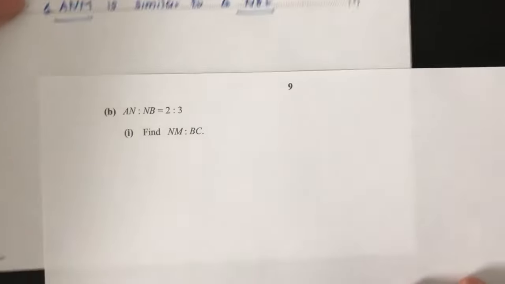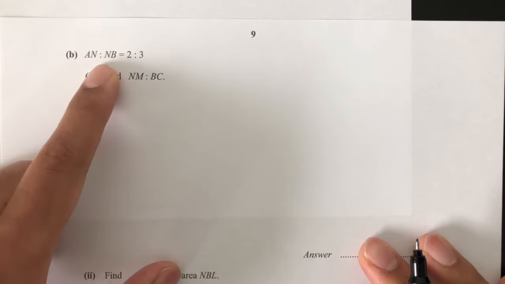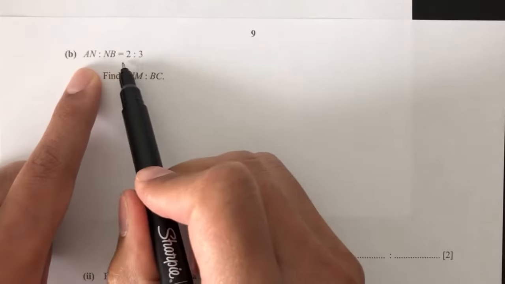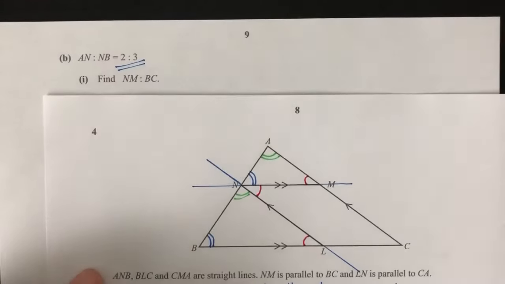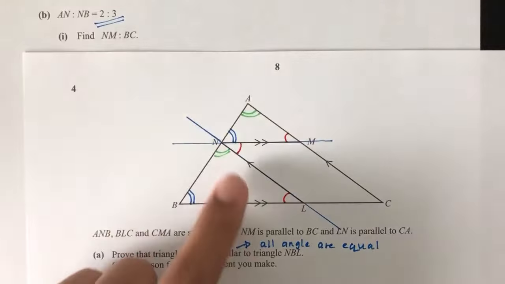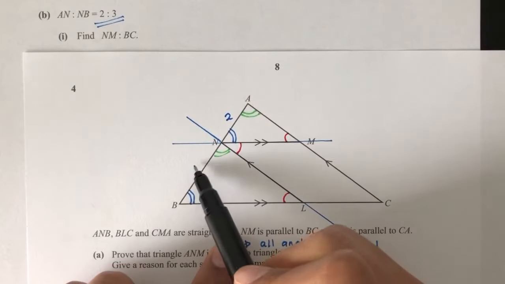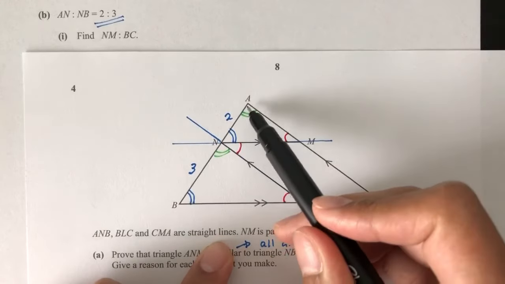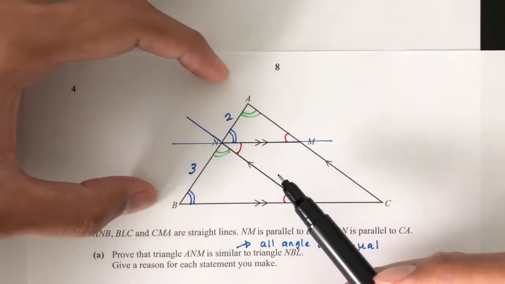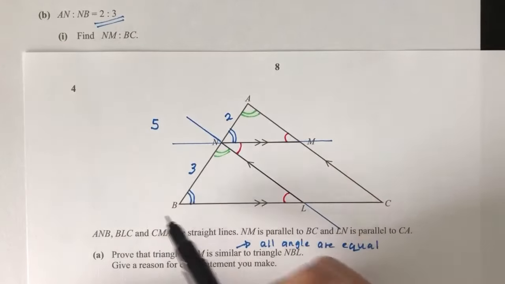So moving on to part B. Now we have the ratio of AN to NB is 2 to 3. So let's have a look to see why that is. The ratio of AN is 2, NB is 3. So we observe that if this is 2, this is 3, what is AB? AB is 5. For the big triangle it is 5.